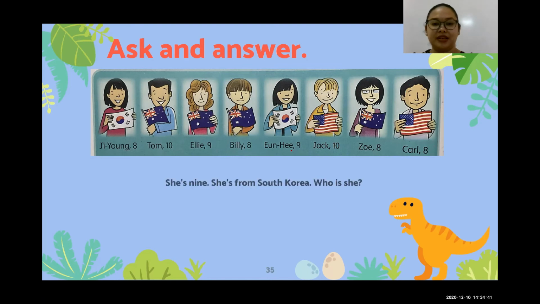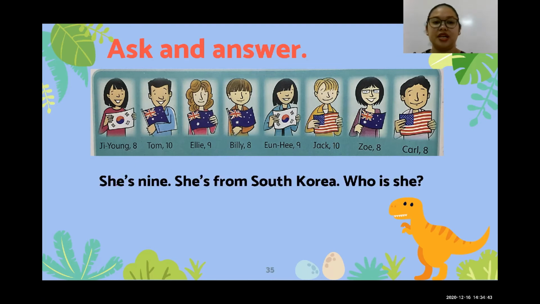Let's try to answer this one. She's 9. When you say she's, that means it refers to a girl. Let's look for the girl who's 9 years old. Here we have Ellie, 9, and Yoonhee, 9.